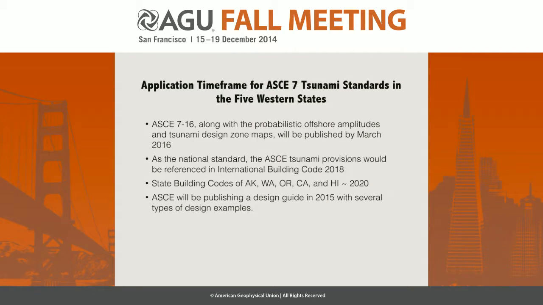The ASCE 7 standards, along with the probabilistic offshore amplitude and tsunami design zone maps, will come out in March of 2016. And as a national standard, the ASCE tsunami provisions will be referenced in the International Building Code in 2018. And for the 5 states, the building codes will come out in 2020, and ASCE will be publishing a design guide in 2015 with several examples.